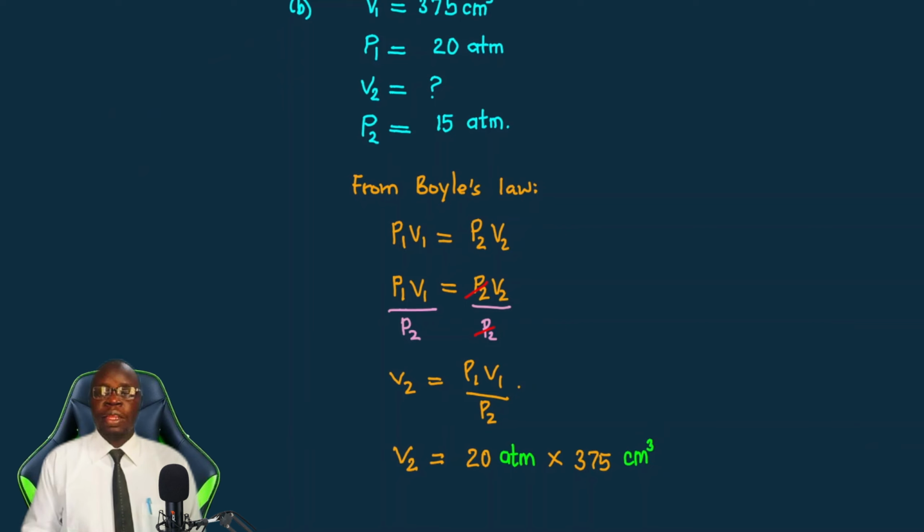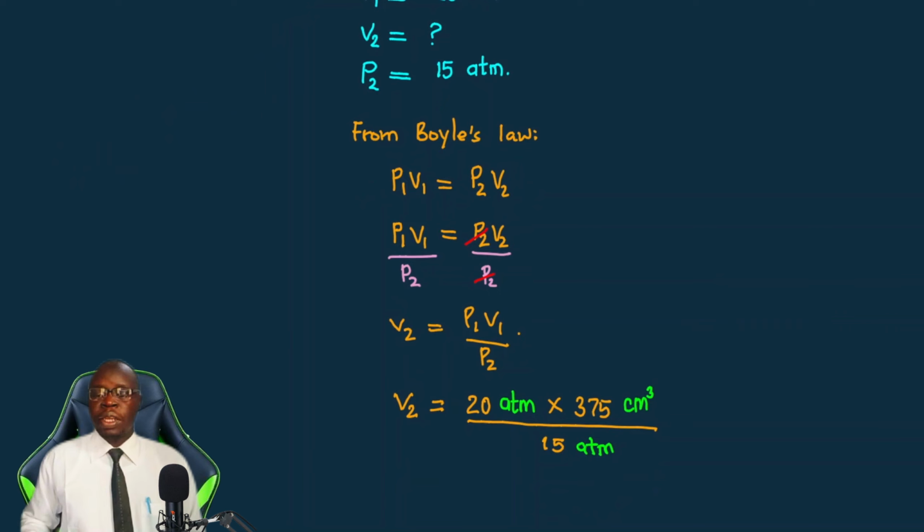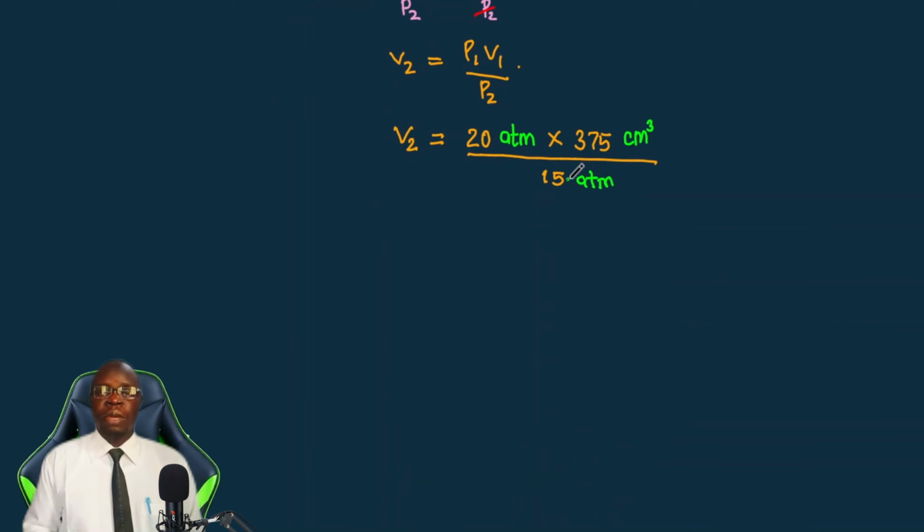And we're dividing this by the pressure 2, and pressure 2 is 15 atmosphere. So from here, you notice that since we are multiplying, we can move on and cancel these units that are the same. Then we can enter into a calculator and do some calculation.